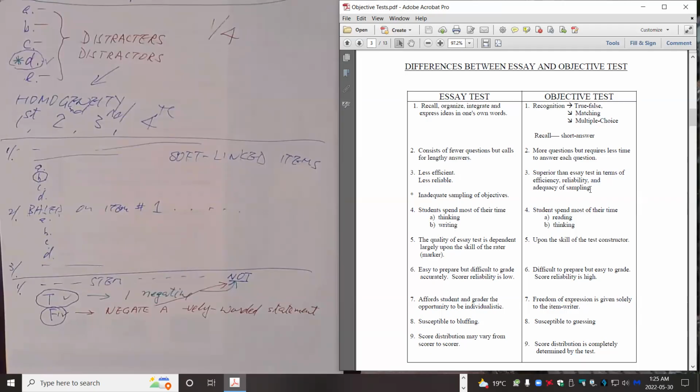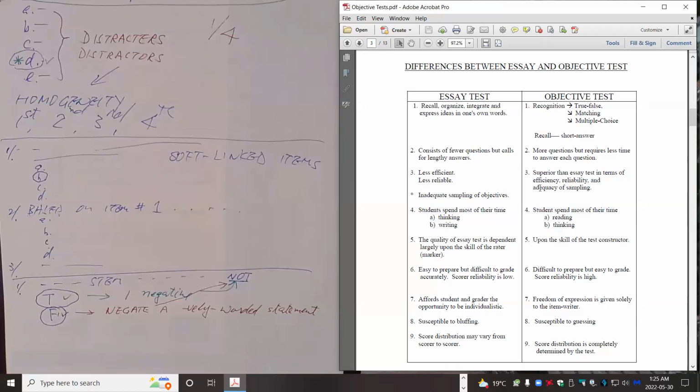Objective tests are superior to essay tests in terms of efficiency, reliability, and adequacy of sampling. Right? This one has poor content sampling. So within an hour, remember, 6 to 7 items here, but 50 to 60 items here. All right. So therefore, what you have here is inadequate sampling of objectives.